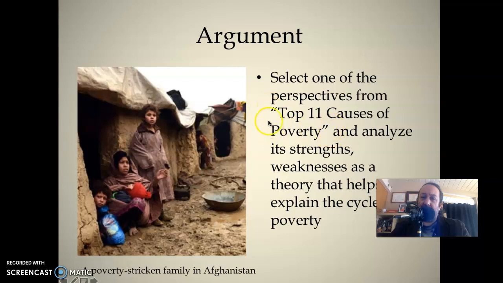That reading is on our Canvas page under free writes. Once you look at that, it's going to give you 11 causes of poverty, and you're going to want to analyze them. Do you agree that this is a major cause of poverty? What do you agree or disagree with specifically, or find as a weak or strong point about this whole idea?